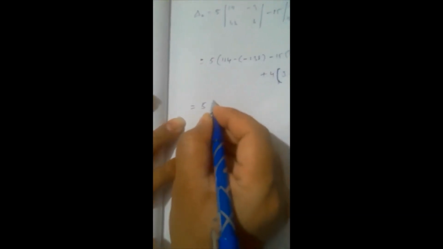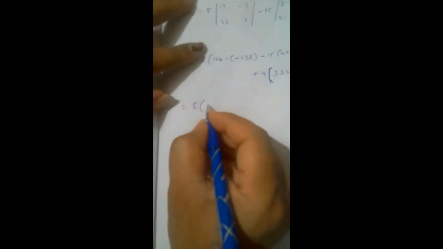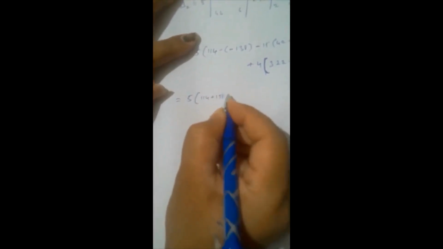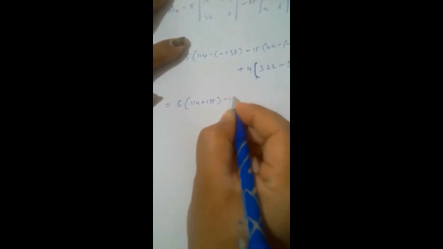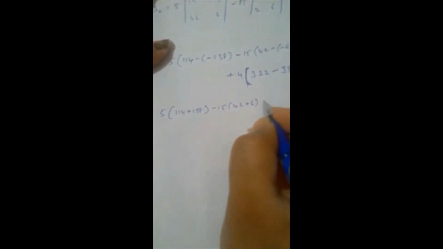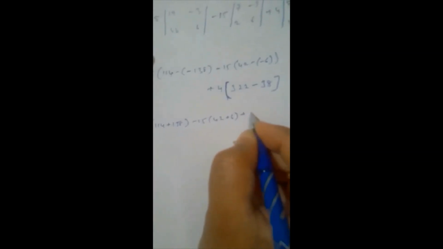which is once again equal to, simplifying. Just calculation we have to perform. This is 114, minus of minus, it will become plus 138, minus 15, 42 minus into minus plus 6, plus 4 into 322 minus 38 is 284.